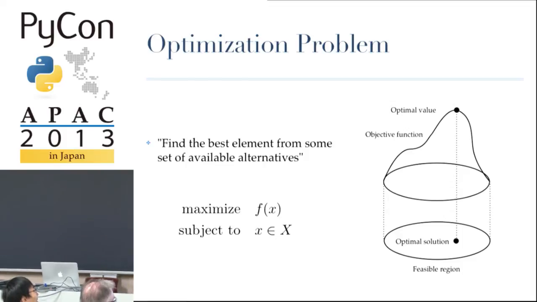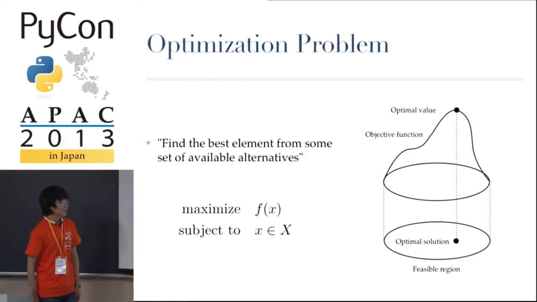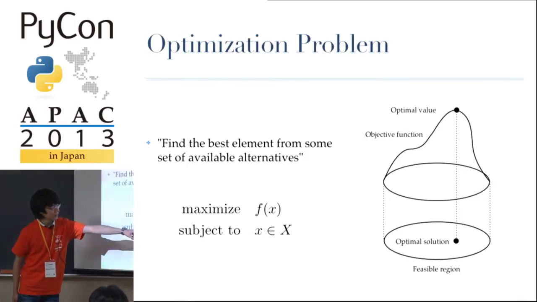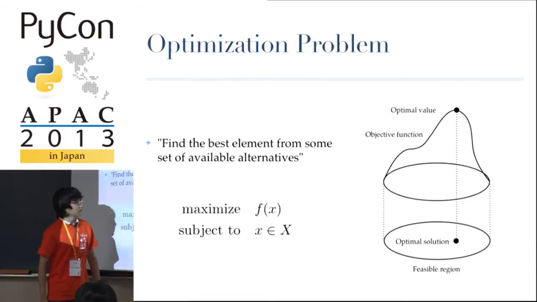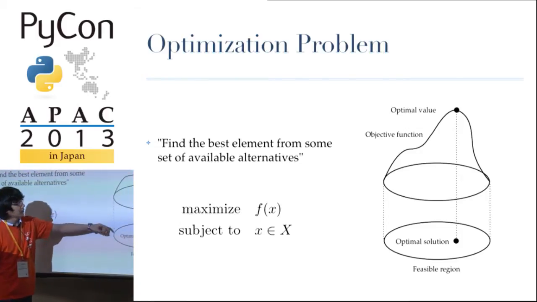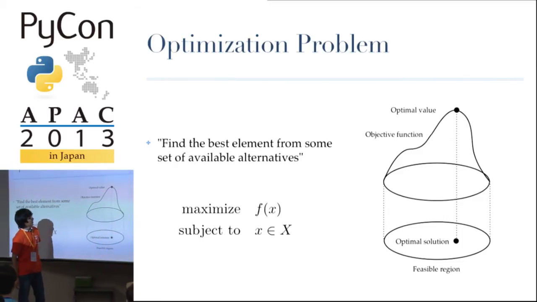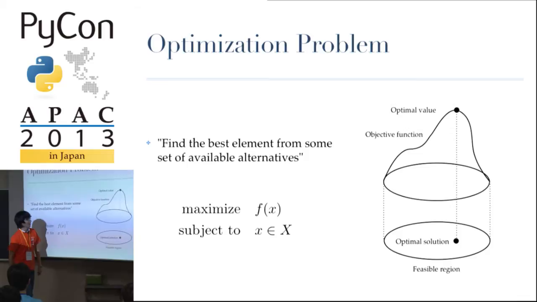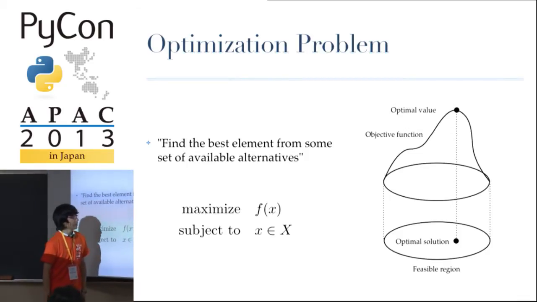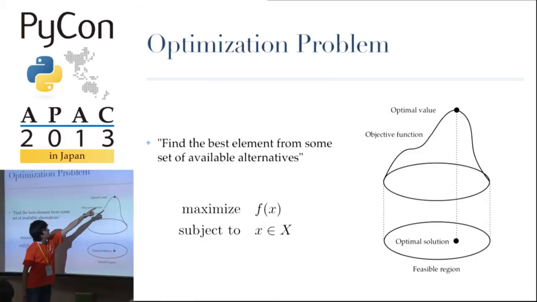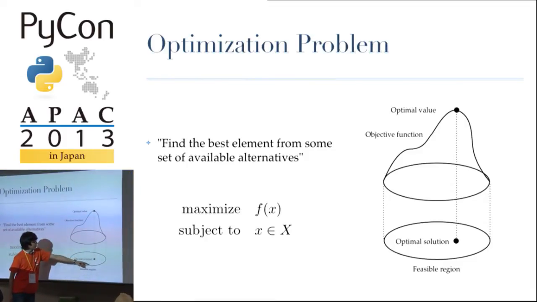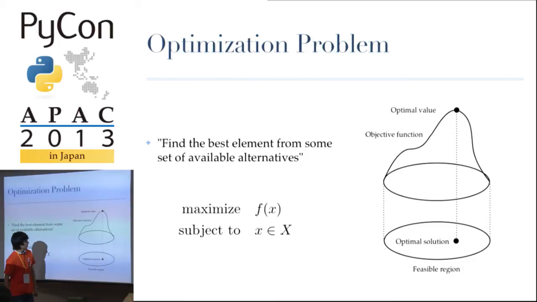The feasible region means available alternatives, and an element of that region is a solution. This is the objective function. We want to maximize this function. Then the maximized point is the optimal value, and that solution is the optimal solution.